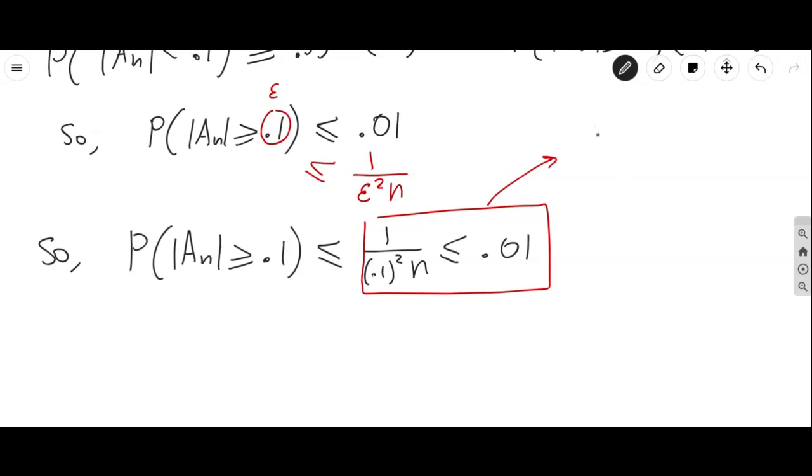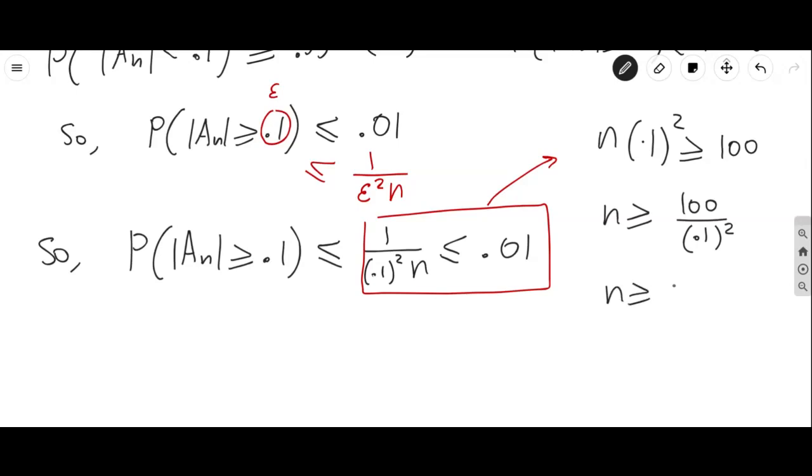So that would mean that n, if we flip the fractions over, we have to reverse the sign of the inequality. That would be n times 0.1 squared is greater than or equal to, so you flip that over, that would be 100. So n has to be greater than or equal to 100 divided by 0.1 squared.